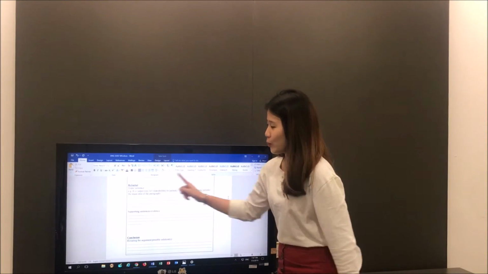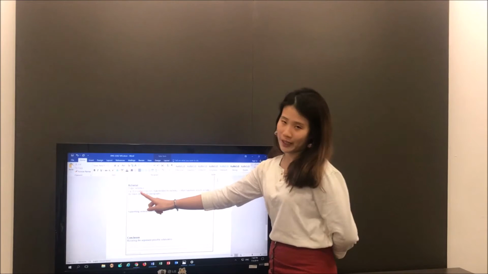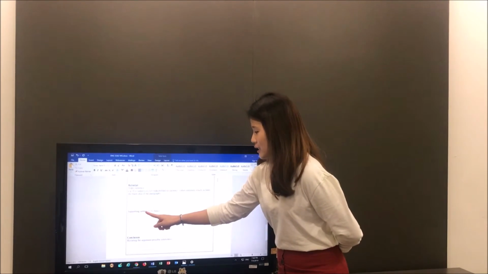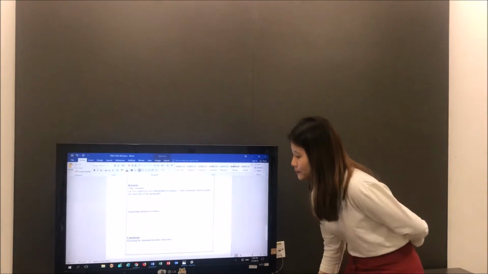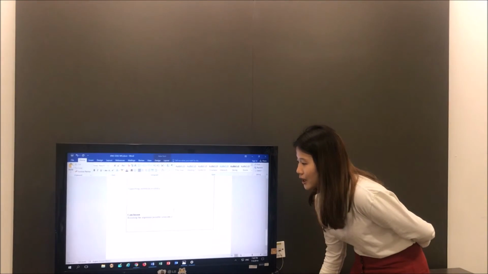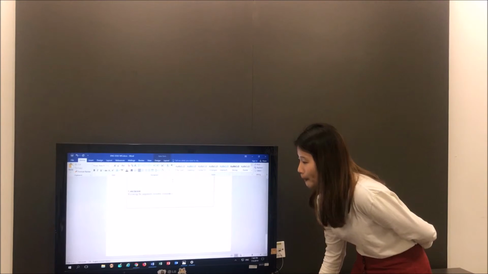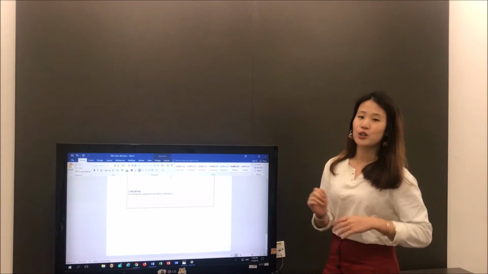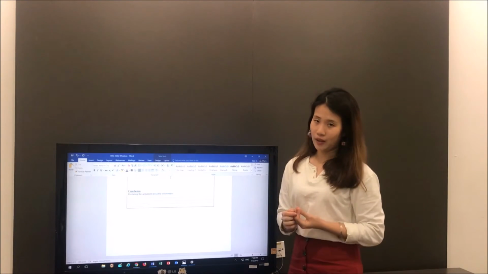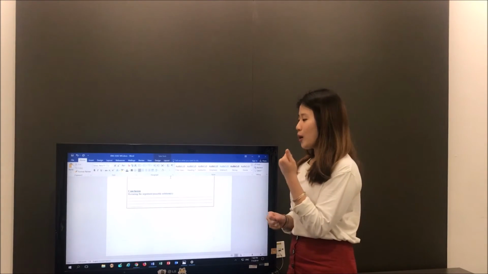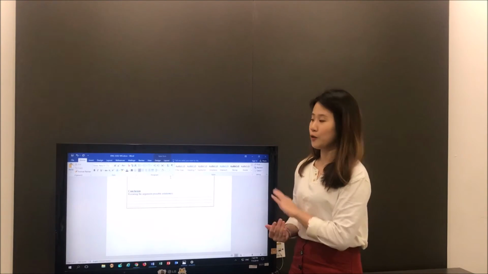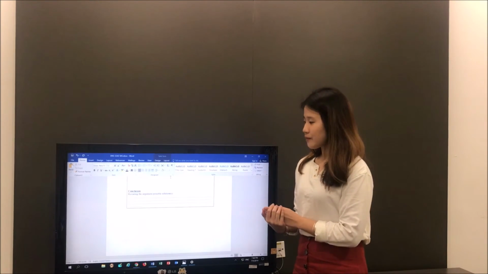So we have to also write down the topic sentence first and then supporting sentences and evidence afterwards. So the last part is conclusion, right? In the conclusion part, I want you to restate the argument and also provide some possible solution for this policy or for this issue, okay?